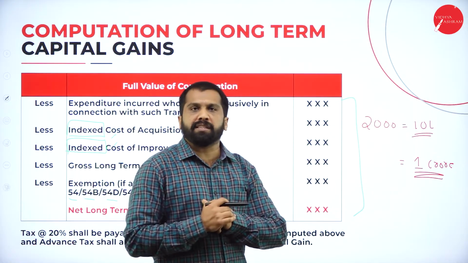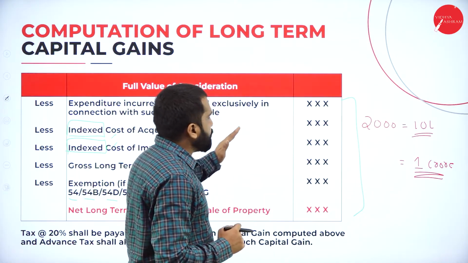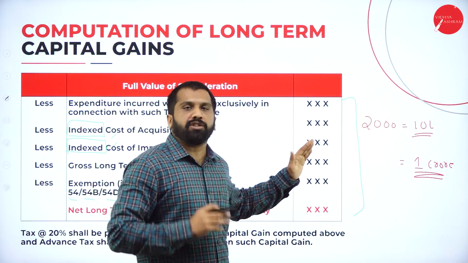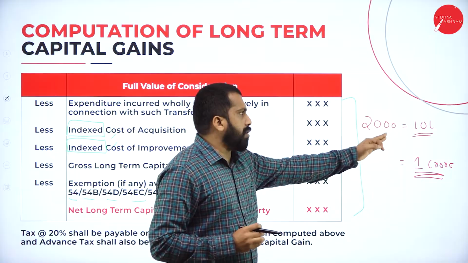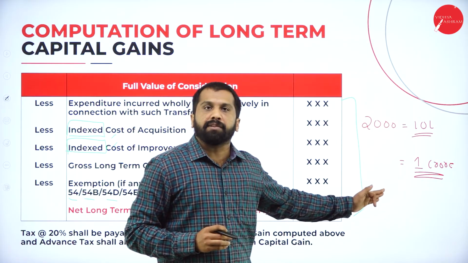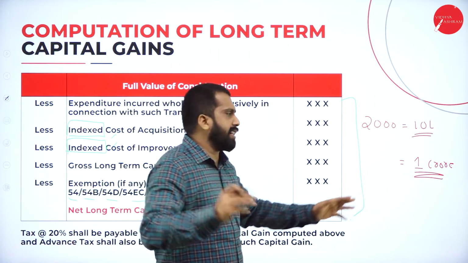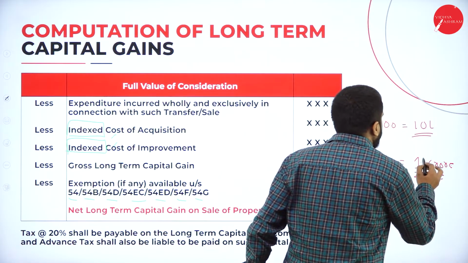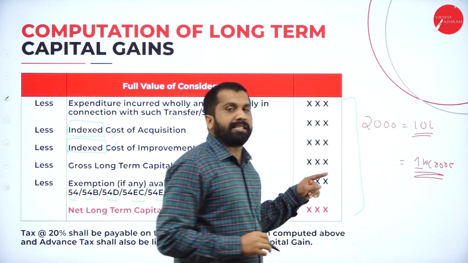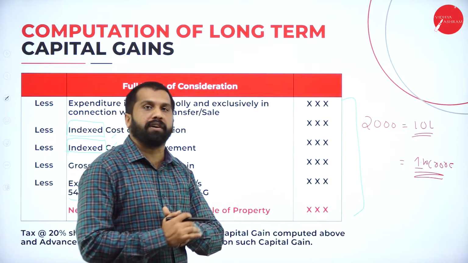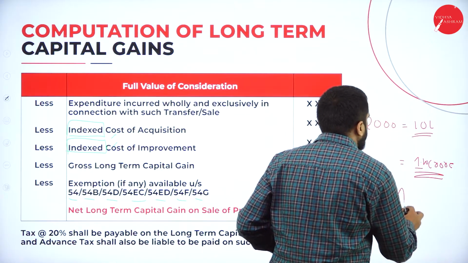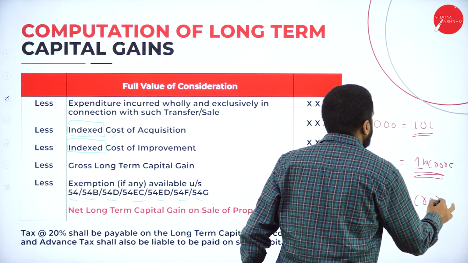Now, as per the capital gain, how much are you supposed to pay tax now? Just assume that you bought land for 10 lakh and now you are selling for 1 crore 10 lakh. What is the selling price? 1 crore 10 lakh. Now, what is your profit? Your profit is 1 crore.